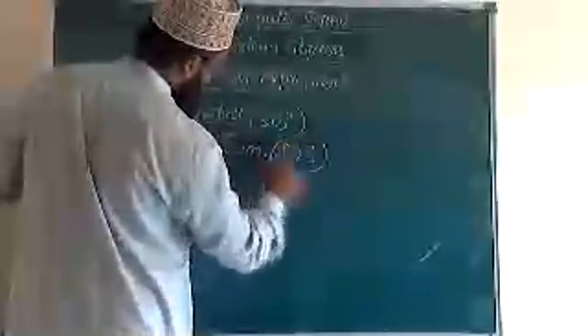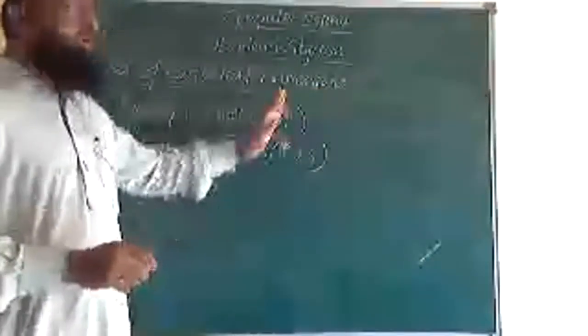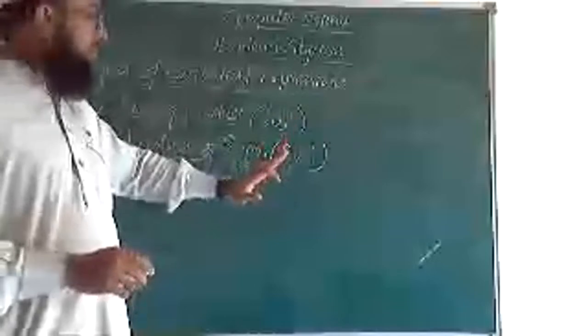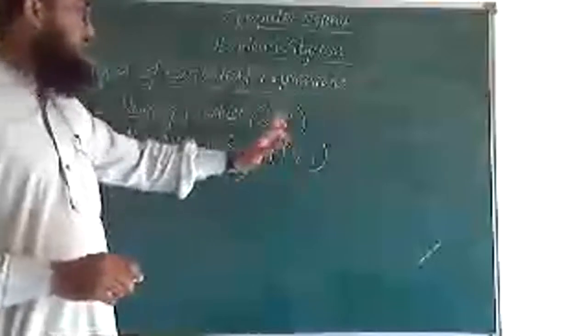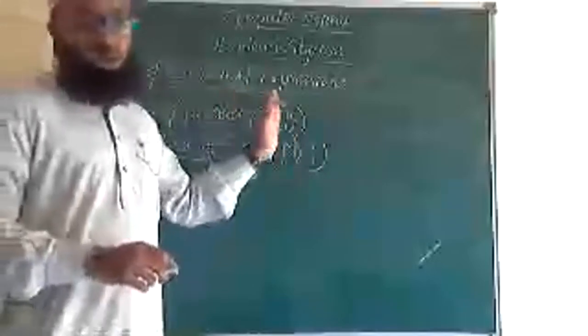Okay, this is bracket, don't get confused. POS: P is product, O is of, S is sum. Okay, sum of product SOP, product of sum POS. We can also pronounce this as SOP or POS.